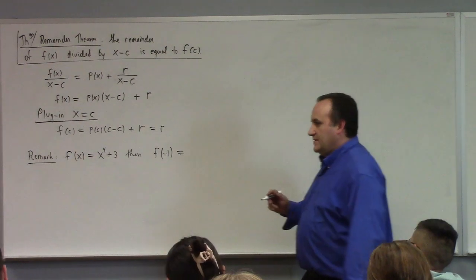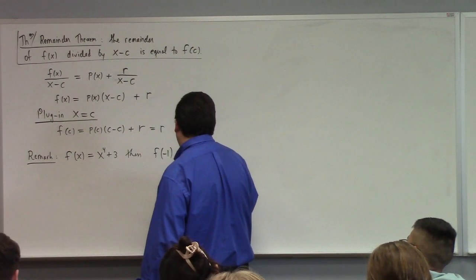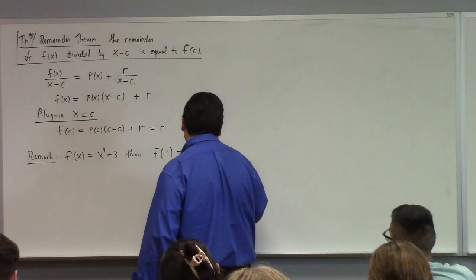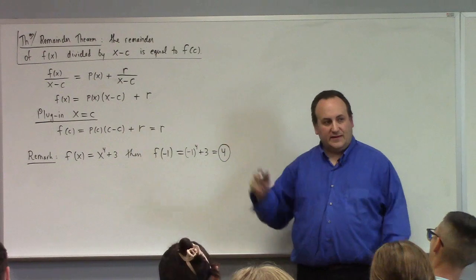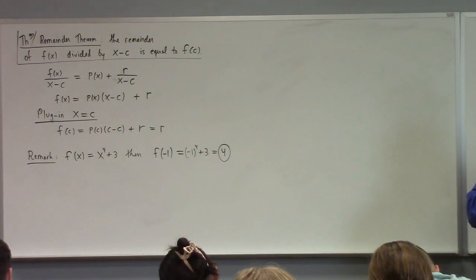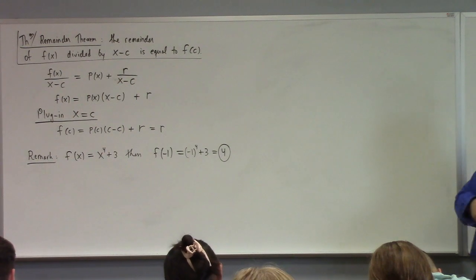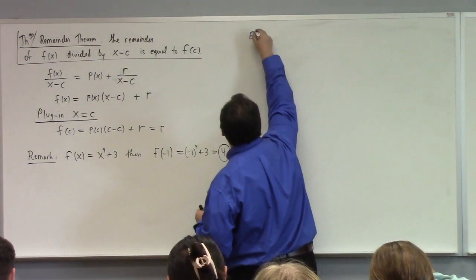What's minus 1 to the, yes, Michael? 4. 4, yes, that's right. And what is 4? The remainder. It is exactly the remainder. That's not an accident, right? Okay. So let's look at another example. Example 2.